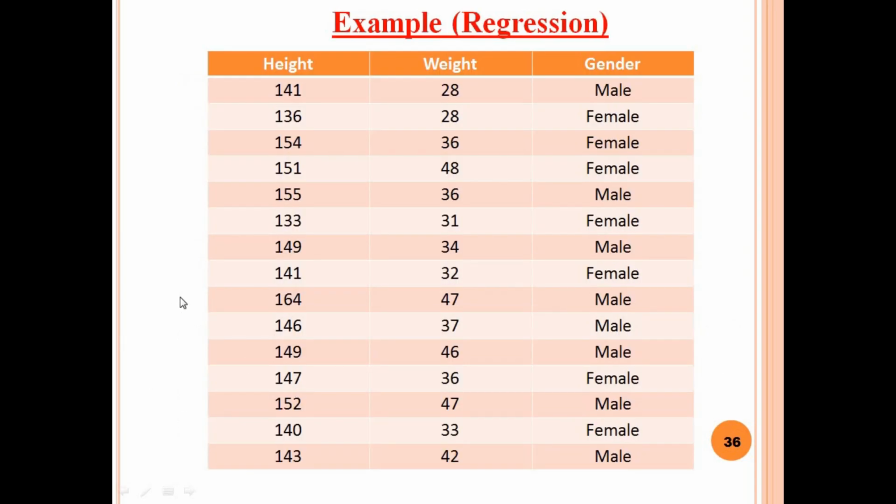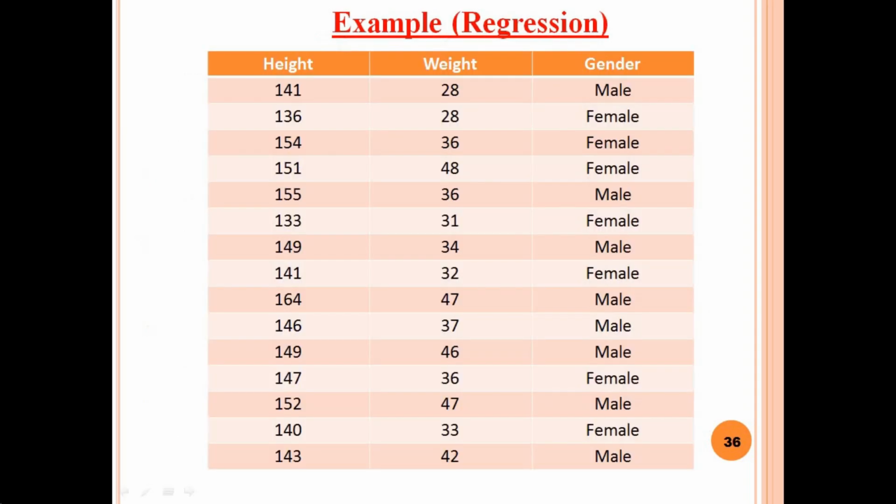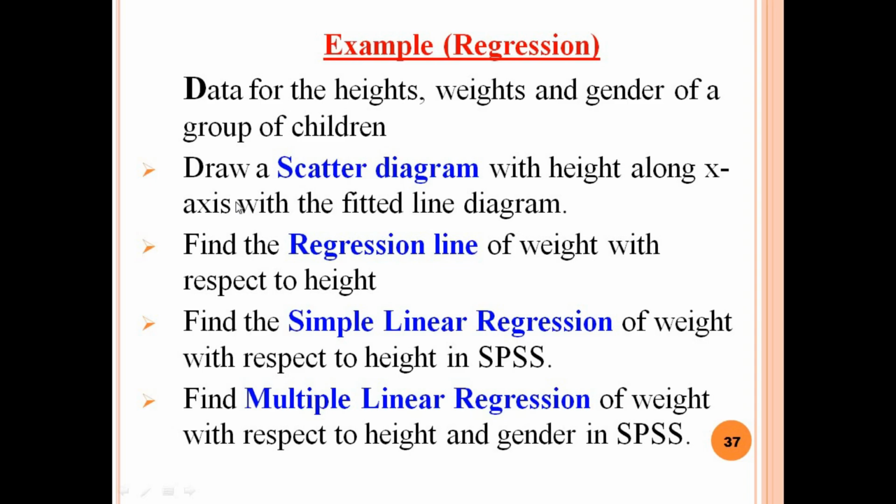Now here I have considered one example for regression. The data are given: these are the heights, weights and gender of a group of children. Our question is, from this data set, we have to draw a scatter diagram with height along the x-axis with the fitted line, and find the regression line of weight with respect to height.